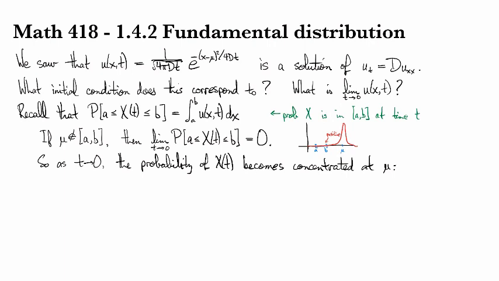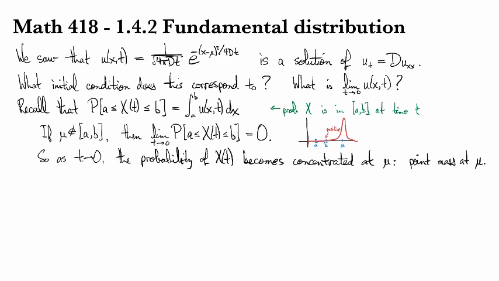And so what we call this is a point mass at mu. So this is an example of that kind of distribution.